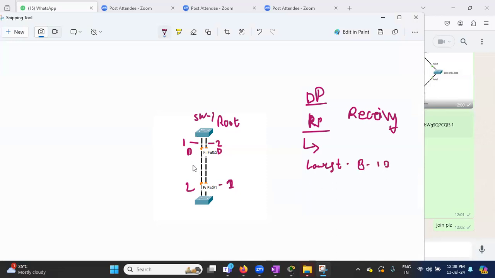So the switch is sending its bridge ID here and here, so it will be the same, right? The cost will also be the same. Go one by one. Yes, the cost is also the same. Cost is 19.